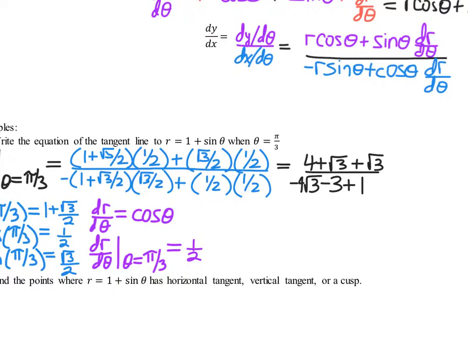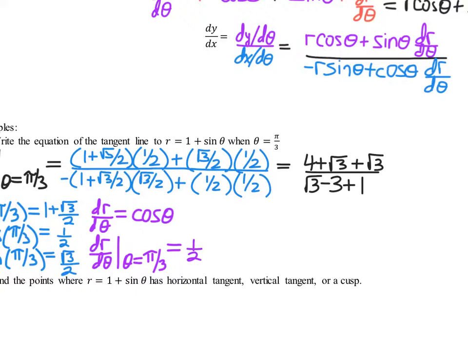Because prior to multiplying by 4, it would be radical 3 over 2 times 1, which is radical 3 over 2. Then multiply that by 4, that would become 2 radical 3.